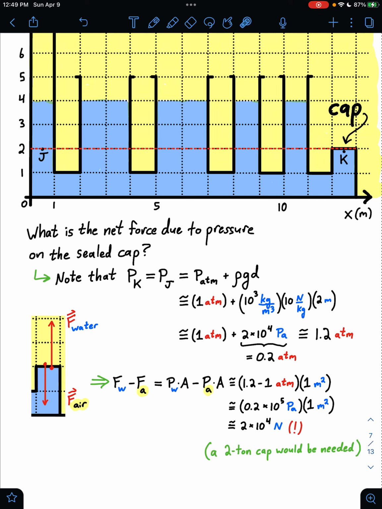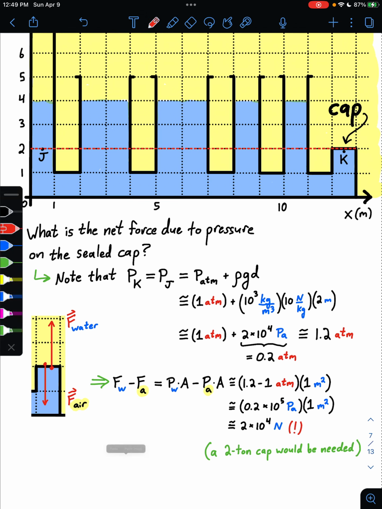Here the A is the area of the cap. So we'll factor out that A, and then we just need the difference between the water pressure and the air pressure. It's a difference of 0.2 atmospheres, or 0.2 times 10 to the 5th pascals, times 1 square meter cross-sectional area of that cap.